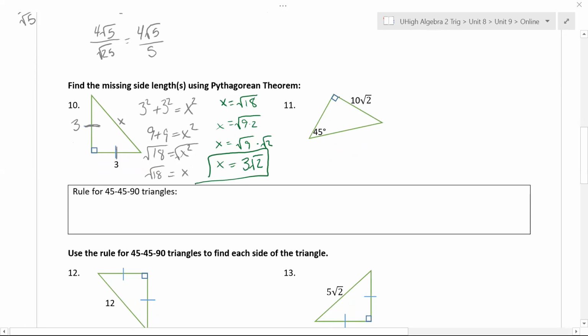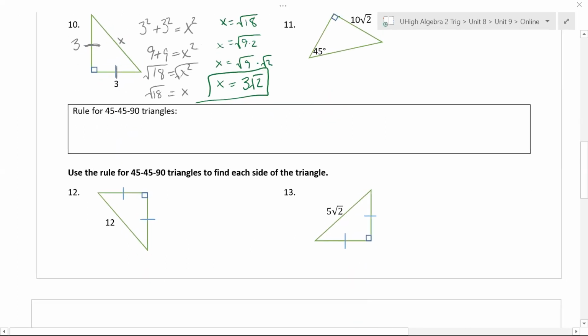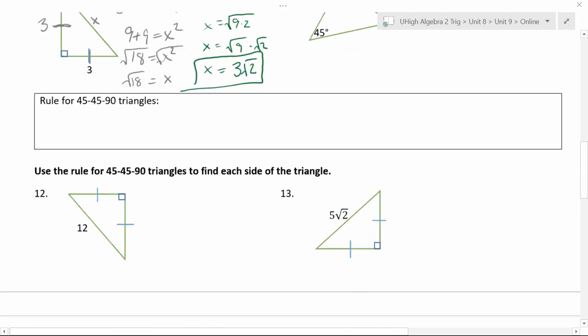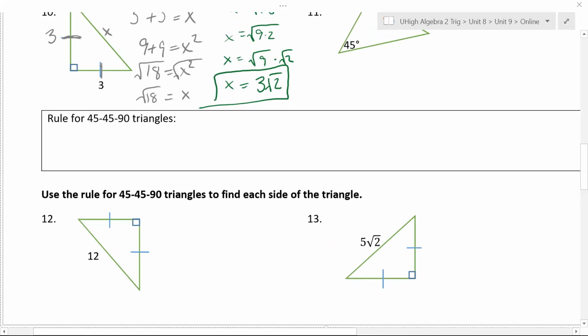All right, so now we're going to go into those things that we probably haven't used for quite a while. Our rules for 45, 45, 90 triangles. So what I want to do in this box is go ahead and just draw a 45, 45, 90 triangle. So I'm going to have 90.